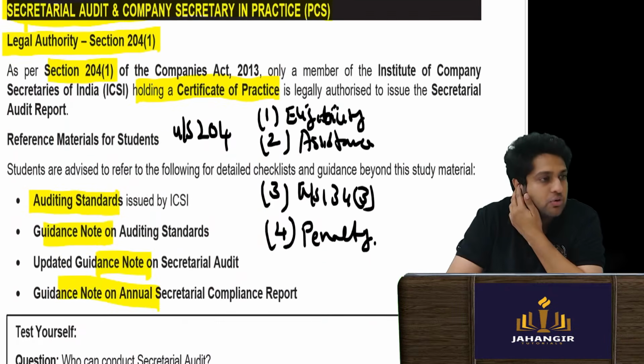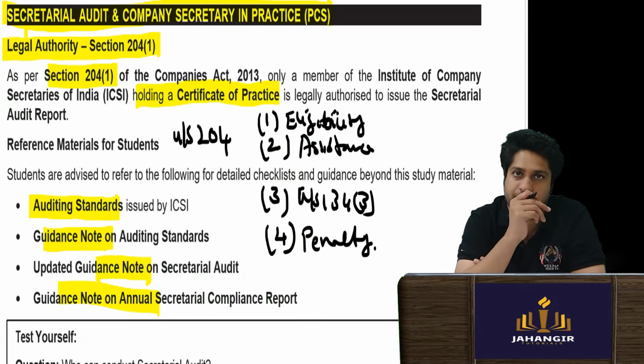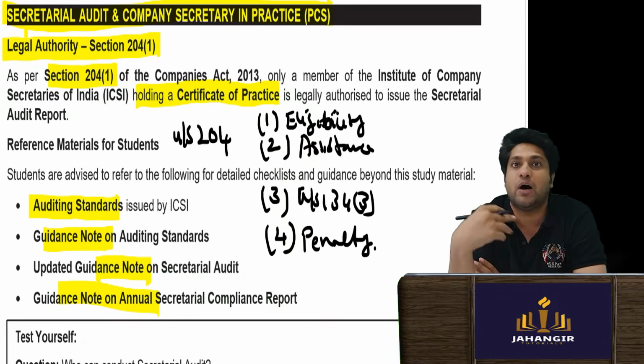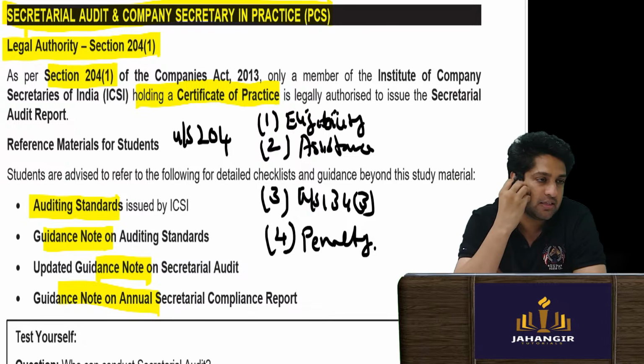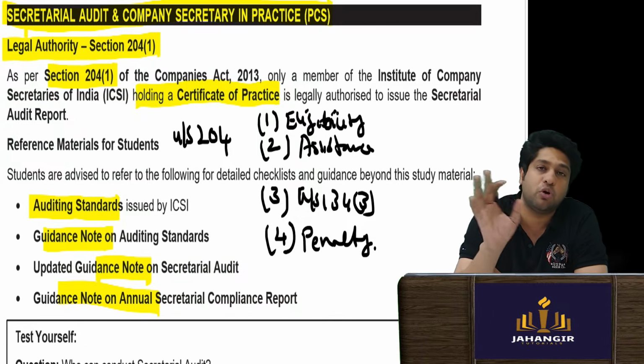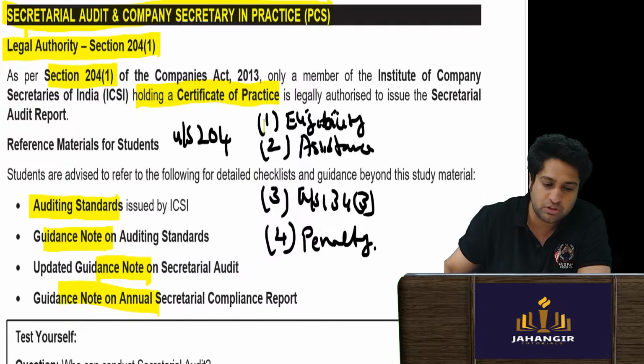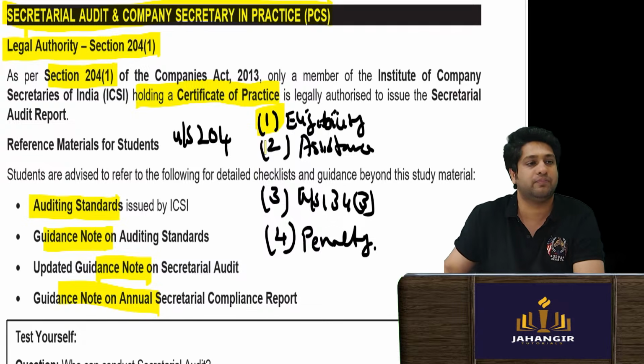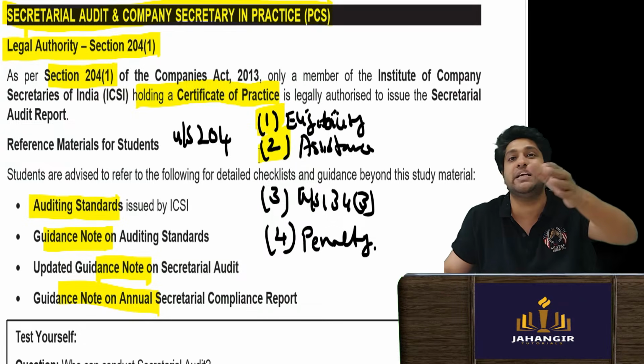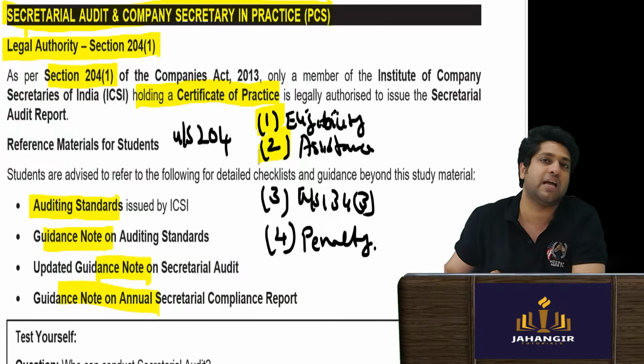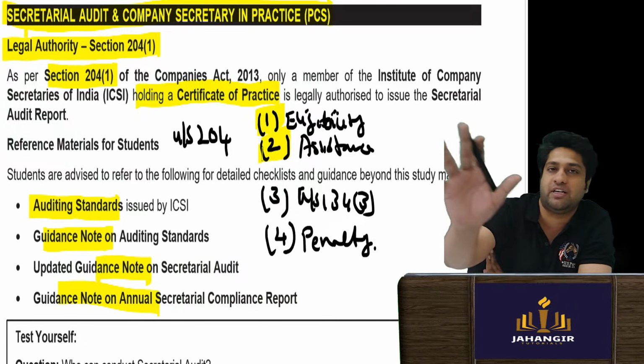Okay. Now, when you go to see Section 204, we know how important Section 204 is. So it's equally important that you also know the subsections. 204 talks about eligibility, that is, who is required to do a secretarial audit. So it is 50, 250, 100.